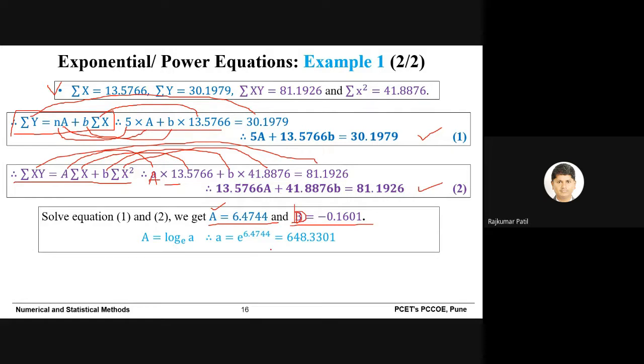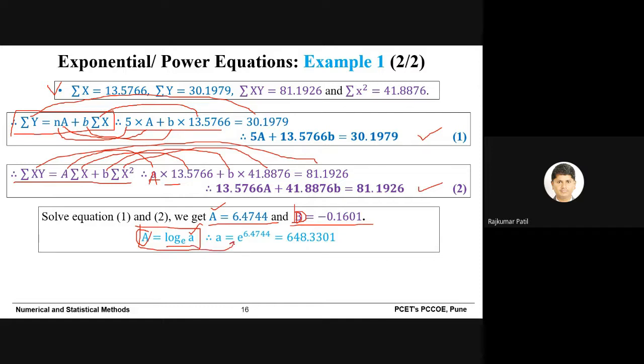Once you get the value of capital A and small b, you can use this equation to calculate the value of small a, because in the previous slide we derived the equation for capital A, which is log to the base e of a.